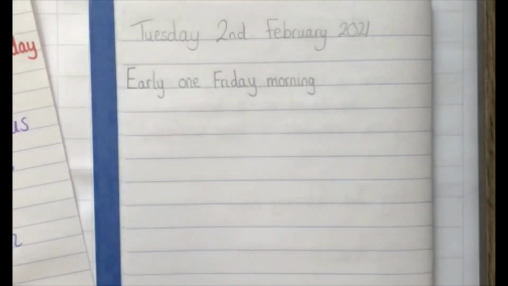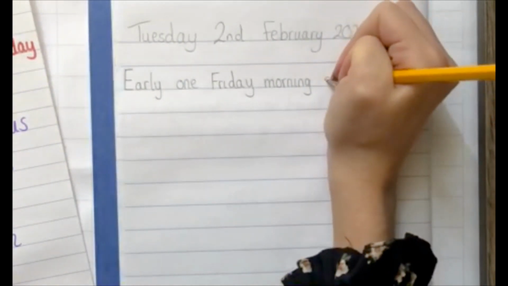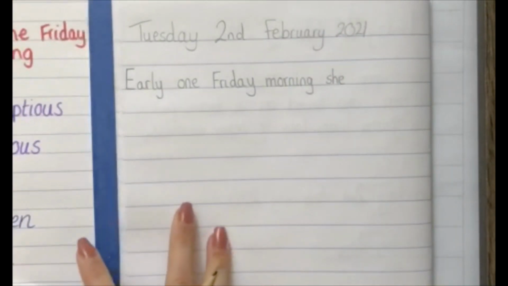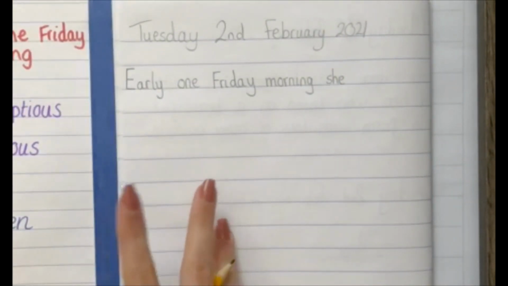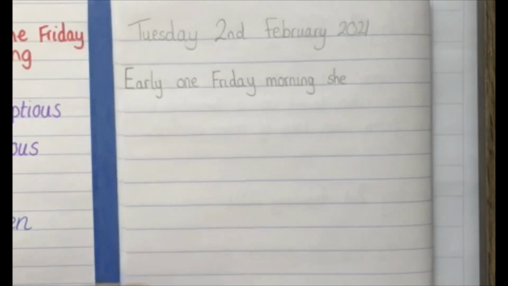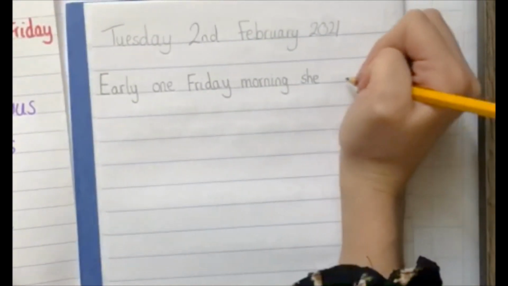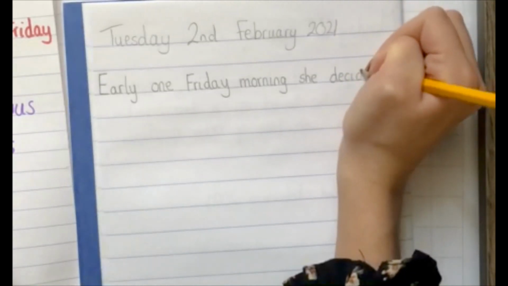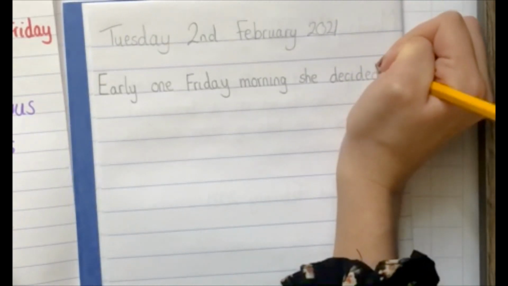Early one Friday morning, she decided. Now decided is quite a tricky word, but luckily it's on our story map. So I'm going to look back to my story map and I'm going to copy my spelling of decided. So making sure you use your story map as well to help with your spelling.